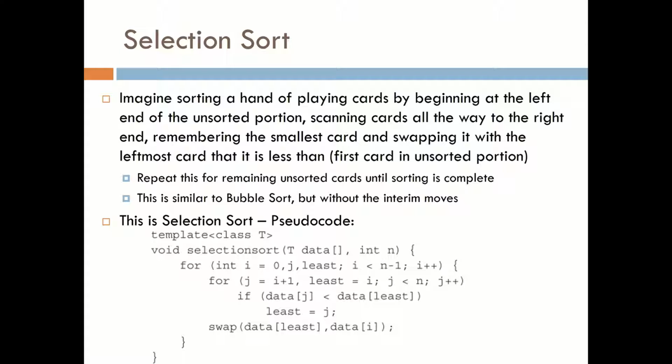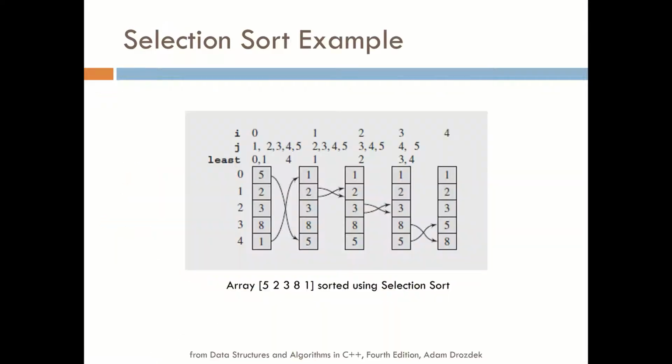The j loop moves forward, and it begins by remembering that the least card it's seen is the card at i, and it tries to find a card that's less than the least. If that's the case, then it remembers that card as the least card, and then finally it swaps it into position.